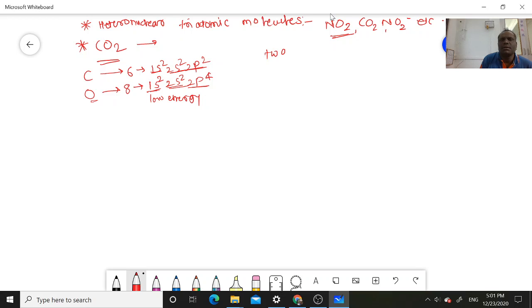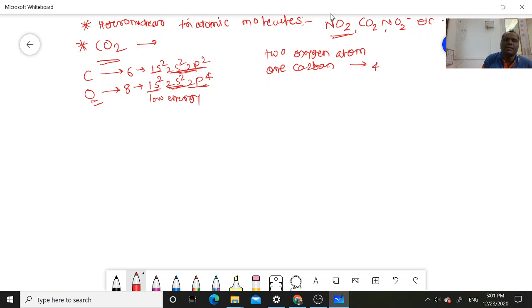So the 2s and 2p orbitals of carbon and the 2s and 2p orbitals of oxygen are involved. There are two oxygen atoms and one carbon atom in this molecule. Carbon contributes a total of 4 electrons, and each oxygen contributes 6 electrons from 2s2 and 2p4.